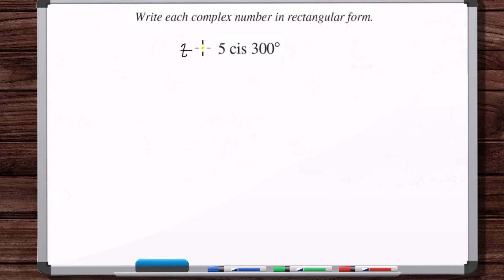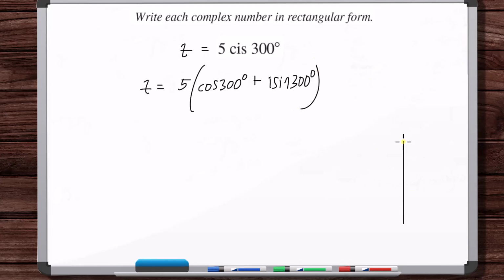Okay, so this complex number we know is 5 times cosine of 300 plus i sine of 300 degrees. Okay, 300 degrees is in the third quadrant with reference angle 60 degrees. So this is 30 degrees. We've got, this is going to be 1.